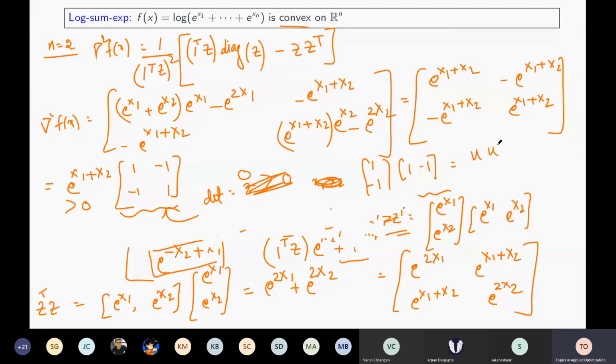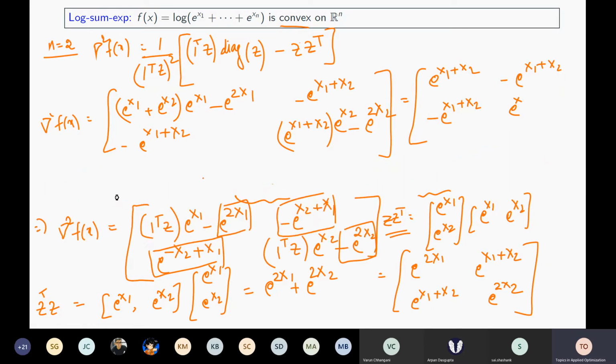So this is of the form u u transpose, and any matrix that is the outer product of u with u transpose must be greater than or equal to 0 by the previous argument. So this will work. Now the question before this was, what will happen if we have the general case where we have x1 plus x2 plus dot dot dot plus xn?